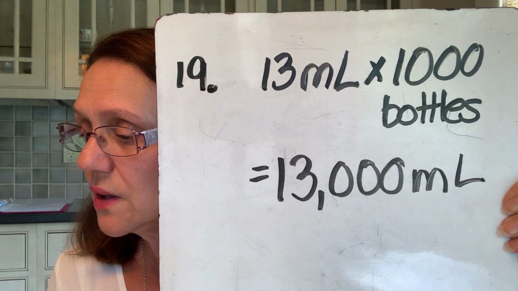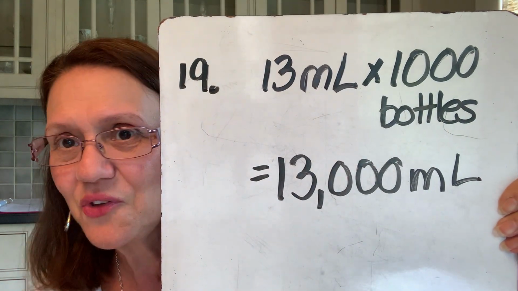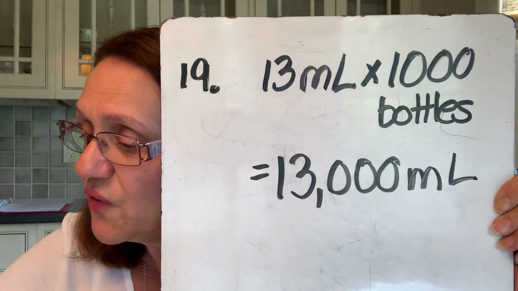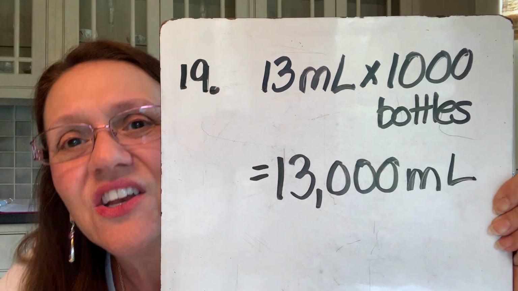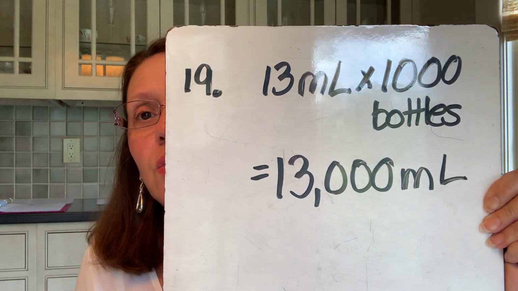13,000 what? Milliliters. It's really important that you keep track of your units until you do your conversion. 13,000 milliliters. But that doesn't answer the question, because the question is to find the total capacity in liters.